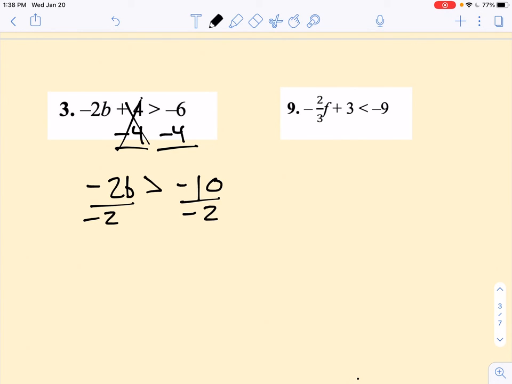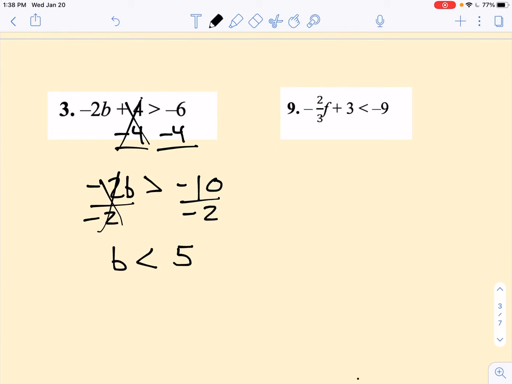All right, so this goes away nicely. I get b, and then it's going to become b is now less than, and then negative 10 divided by negative 2 gives me positive 5. 10 divided by 2 is 5. Negative divided by a negative is a positive answer. So I have less than 5.